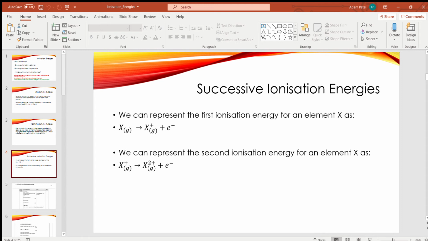So X goes to X plus plus e minus, X plus goes to X2 plus e minus. We can't have X going to X2 plus 2e minus, because remember that these ionization energies are successive. It happens one after another.